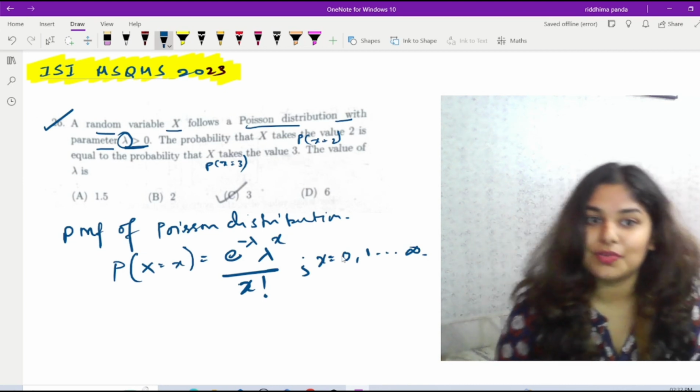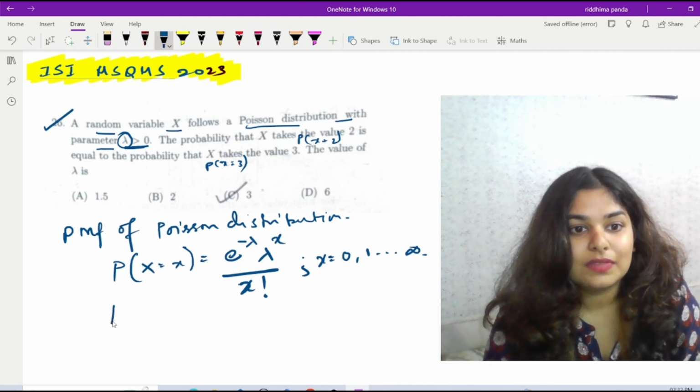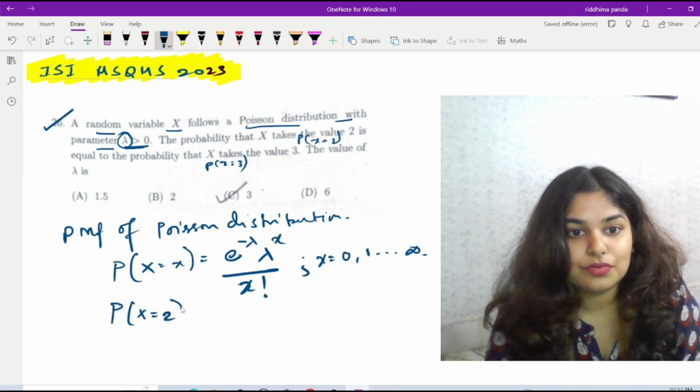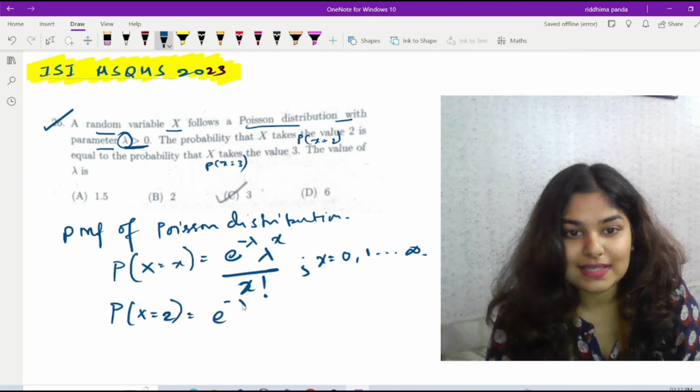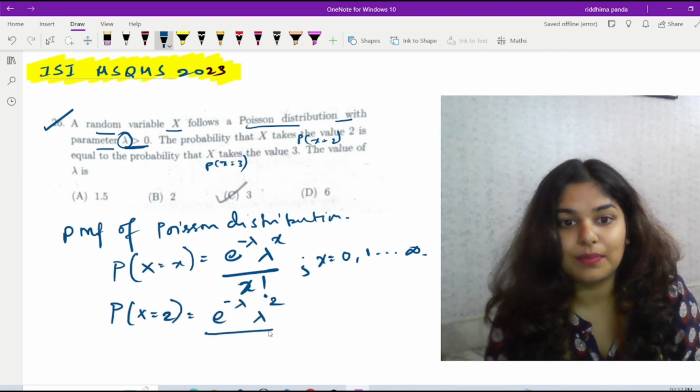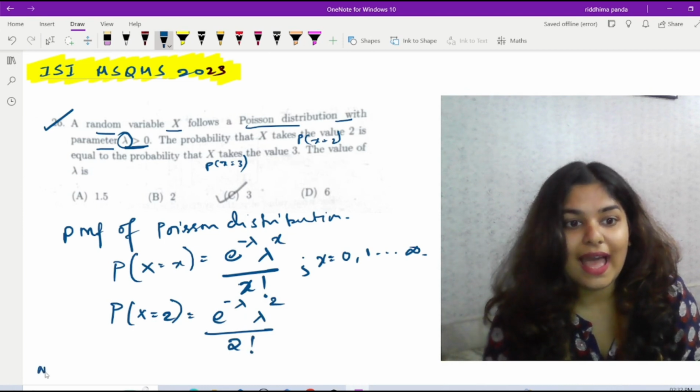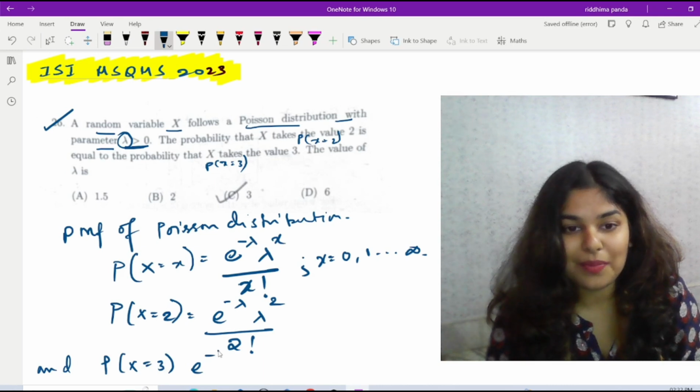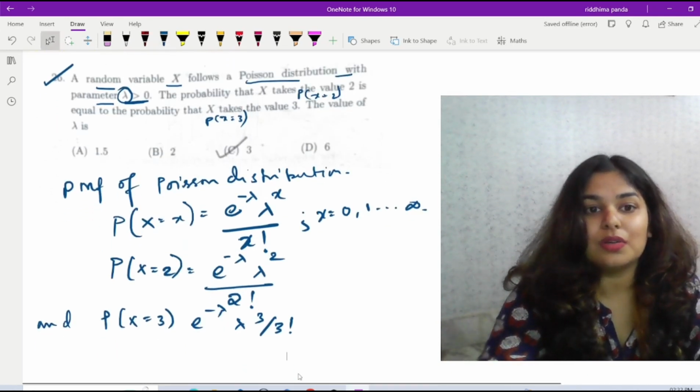This is our Poisson distribution. Now for P(x=2), this is e to the power minus lambda, lambda square by 2 factorial, and for the probability of the value 3, we have e to the power minus lambda, lambda cube by 3 factorial.